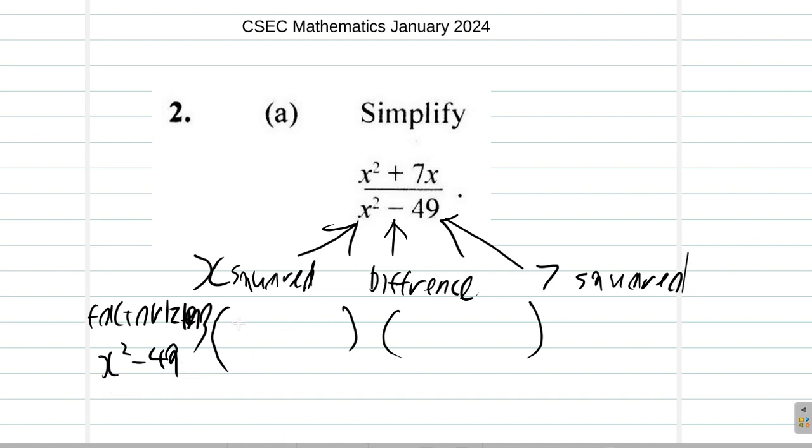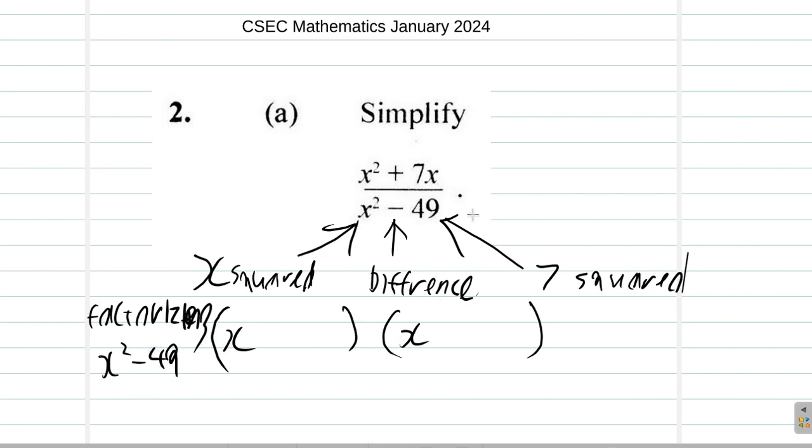So in the left hand side of each bracket, you put whatever you square to get the first term. You square x to get x squared, so you put x on the left, x on the left. Whatever you square to get the second term goes on the right hand side.